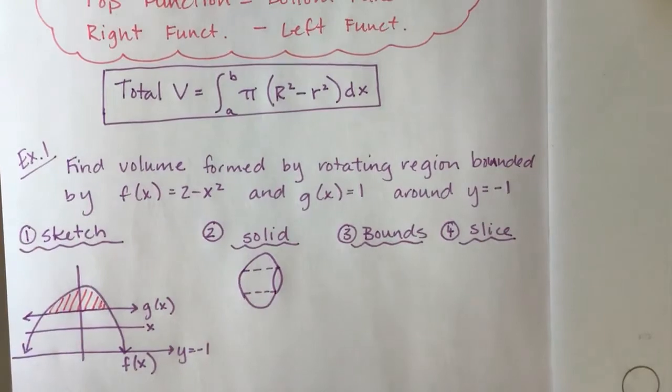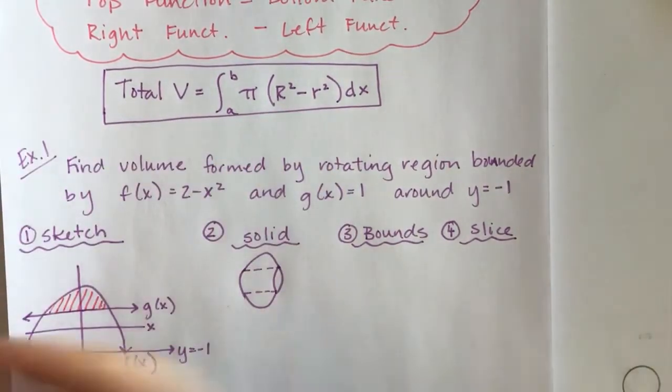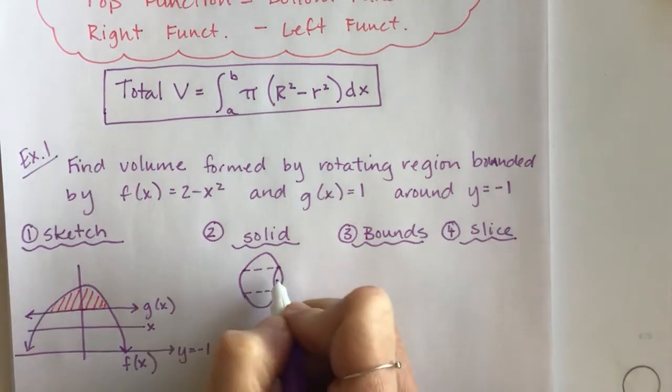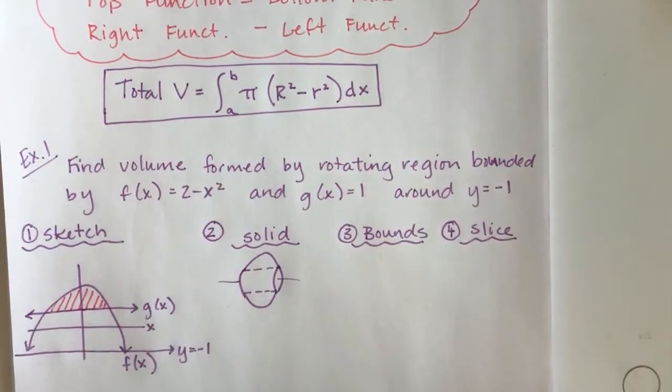So this is kind of like an open football with the ends cut off and then it's got a hole in it, maybe like one of those little muffs to stick your hands in, in the wintertime. So that's our solid sketch. Not very good, but there you have it.